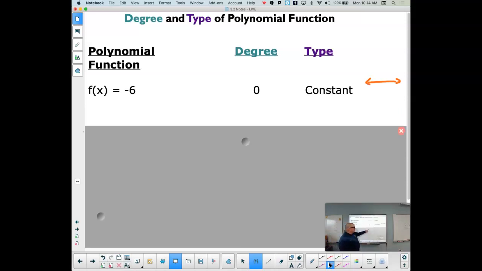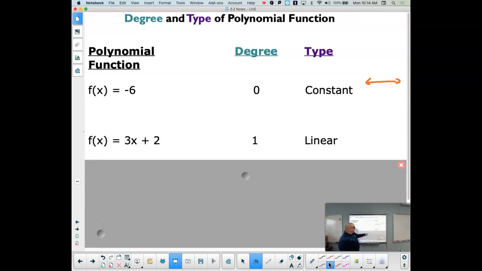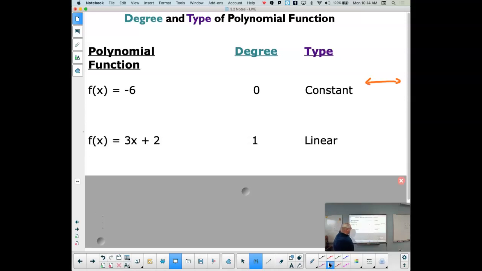Our next polynomial function type would be a linear function. F of x equals mx plus b, or some different form of that. The degree is 1 because the biggest exponent here is 1.